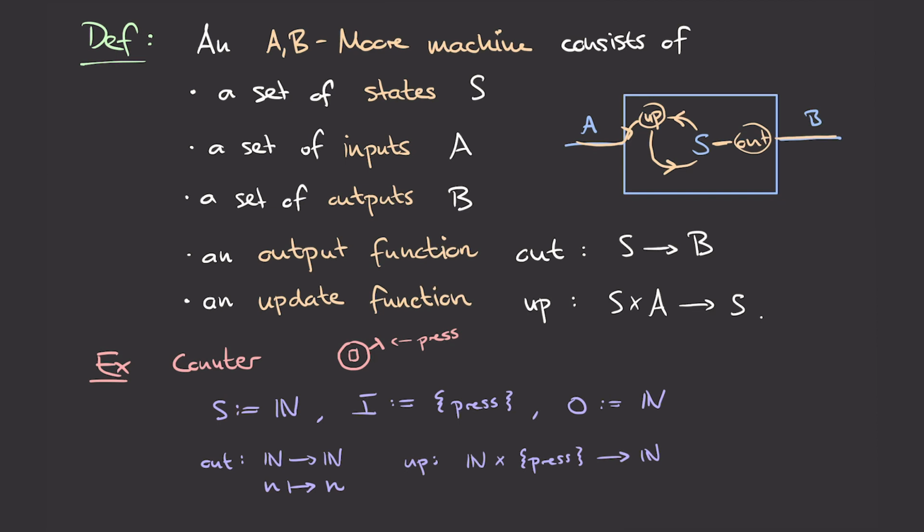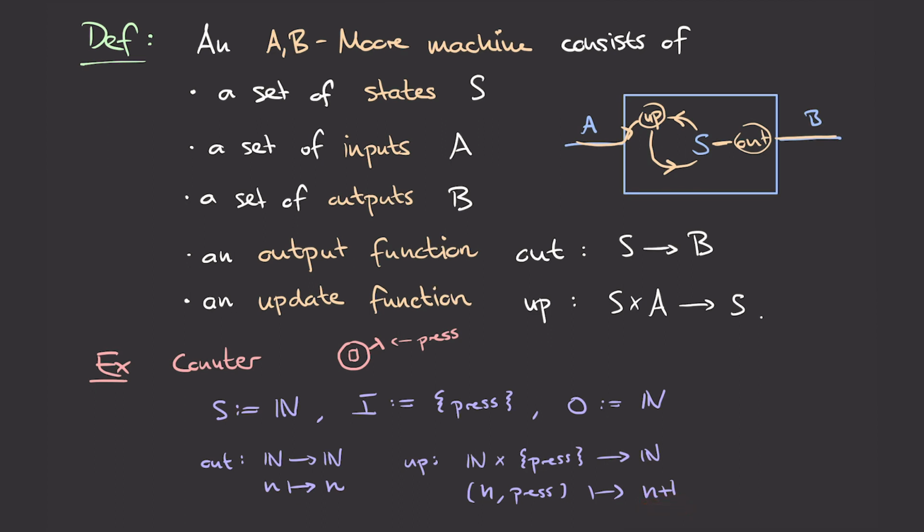So what does it do? Well, we take some natural number n along with this element in the singleton set press, and we map it to n plus 1. So this is saying that if we're in a current state n, so the current count is n, and we have this input press, then we increment the current count by 1.